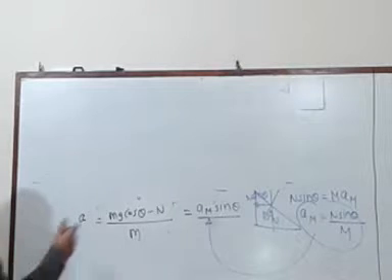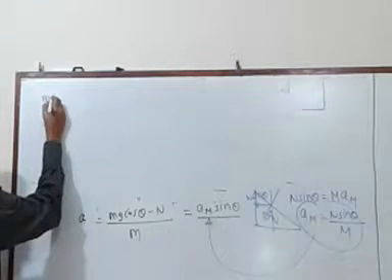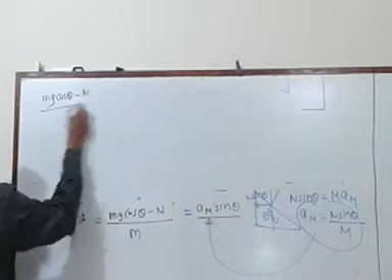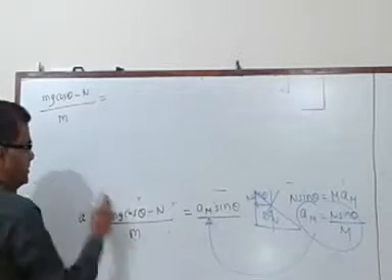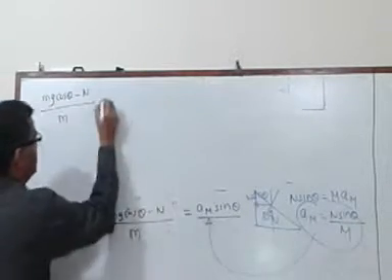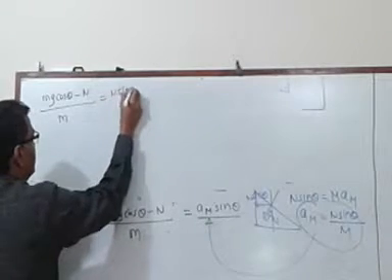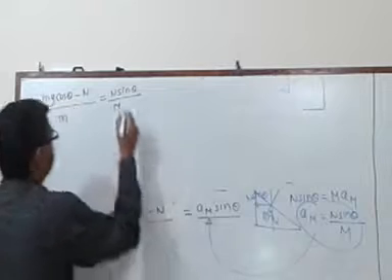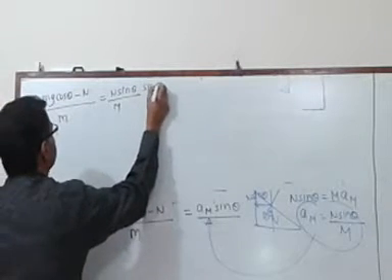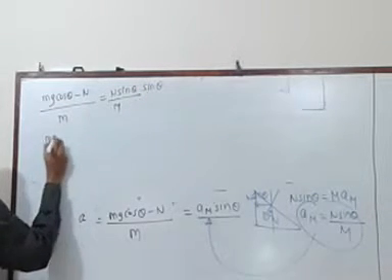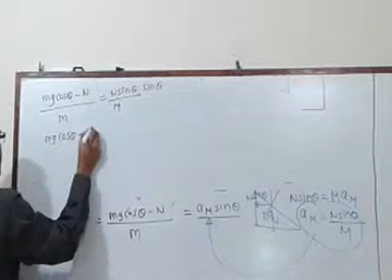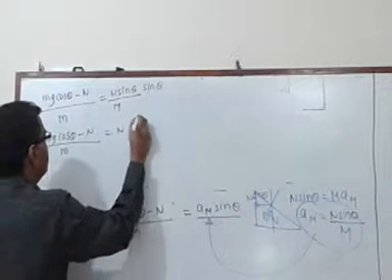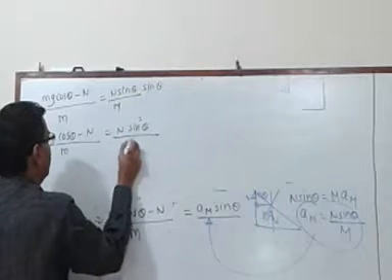So please see here, mg cos theta minus N upon m is equal to Am, which is the same as N sin theta upon capital M into sin theta. That gives me mg cos theta minus N upon m is N sin square theta upon capital M.